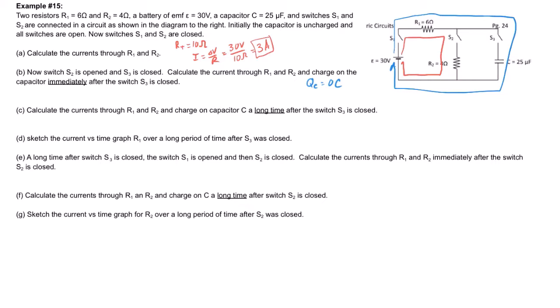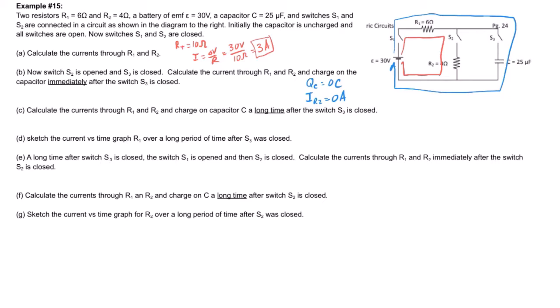Now, the next question is, well, find the current through R1 and R2. Well, R2 doesn't have any current. Now, that should make sense as well because there's no current flowing there, right? If that switch S2 is open, no current's going to flow through that section of the wire. All the current is marked by the blue there is going around the outside.